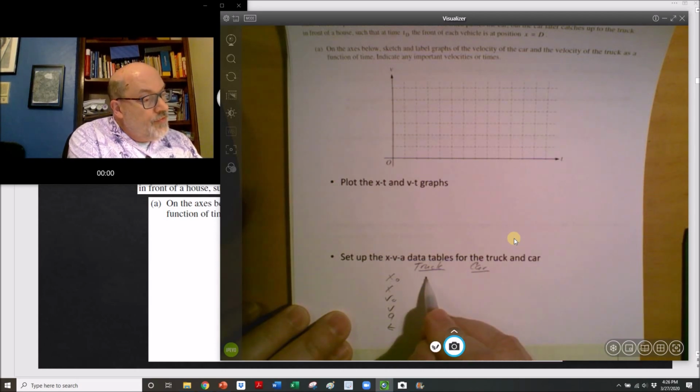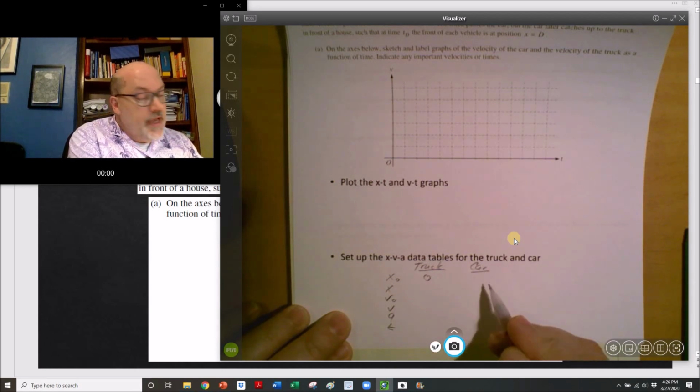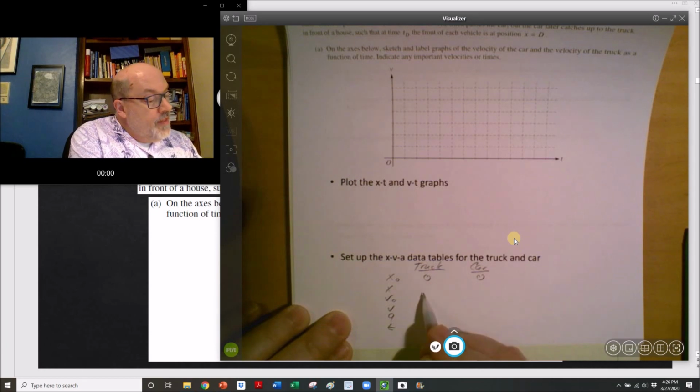So the truck starts at 0, and so does the car. They both end at D. The truck starts with a velocity, V truck. The car starts with a 0 velocity.